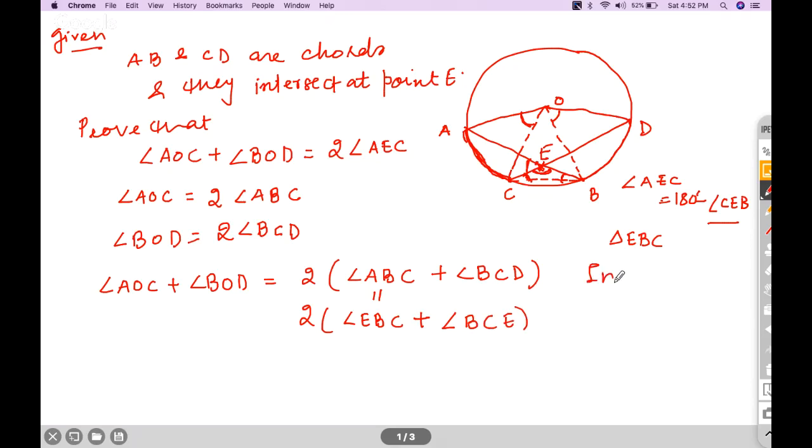Now in triangle EBC, angle EBC plus angle BCE plus angle CEB is equal to 180 degrees.